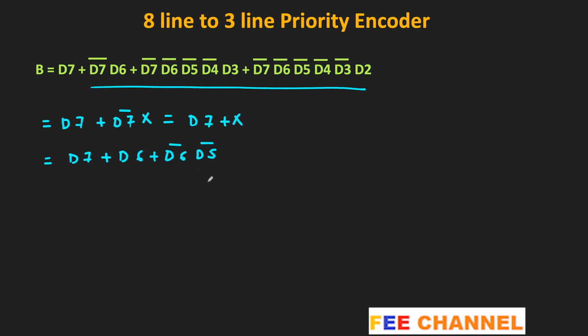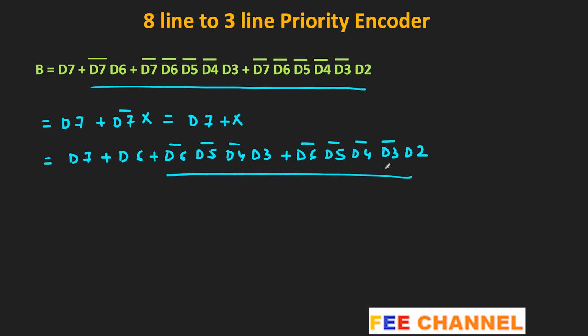So now, we will have D7, or D6, or D5 invert, and D4 invert, and D3, or D5 invert, and D4 invert, and D3 invert, and D2. Once again, in the last two terms, this D5 invert and D4 invert is common.